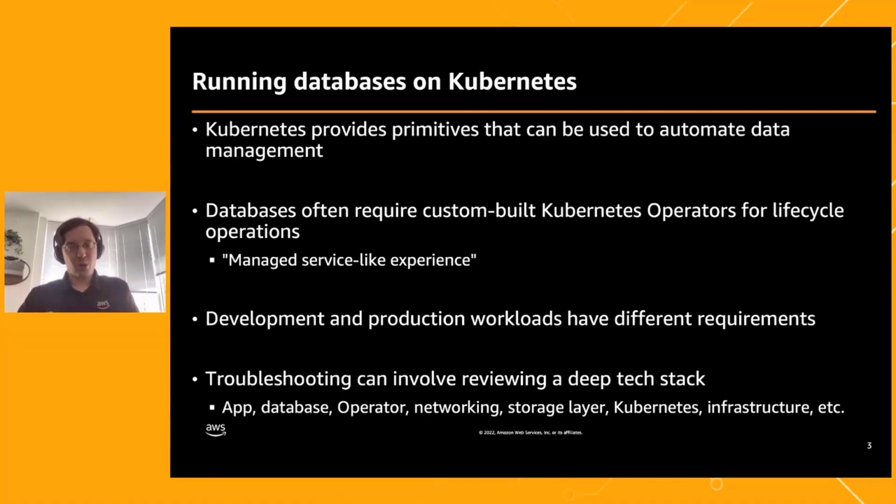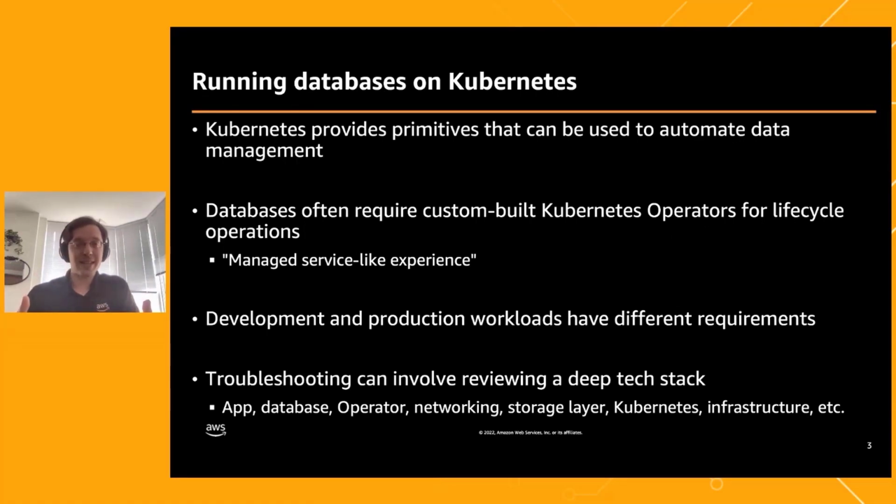However, what happens when things go wrong? When you need to troubleshoot something that's going wrong in your tech stack, where's the problem? If you're running your database directly on Kubernetes, you might have a few things to look into. It could be a problem in your application or within something in the database. It could be the Kubernetes operator you're using, maybe something in the networking storage layer.